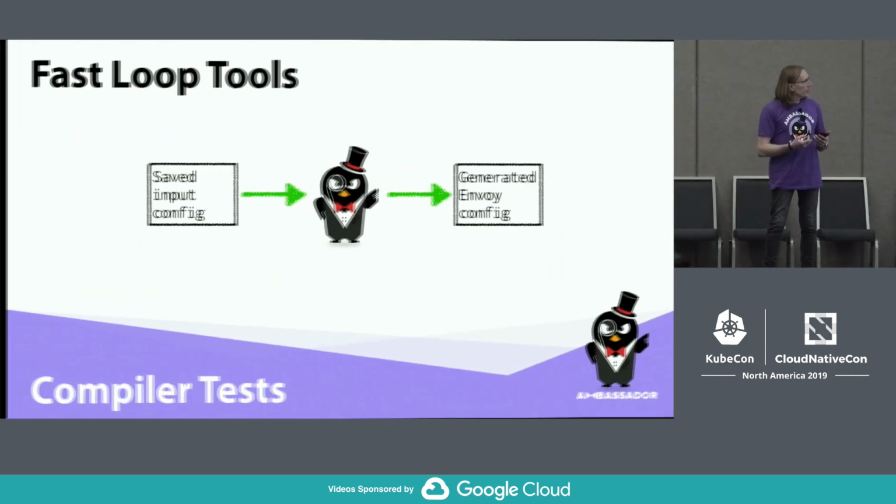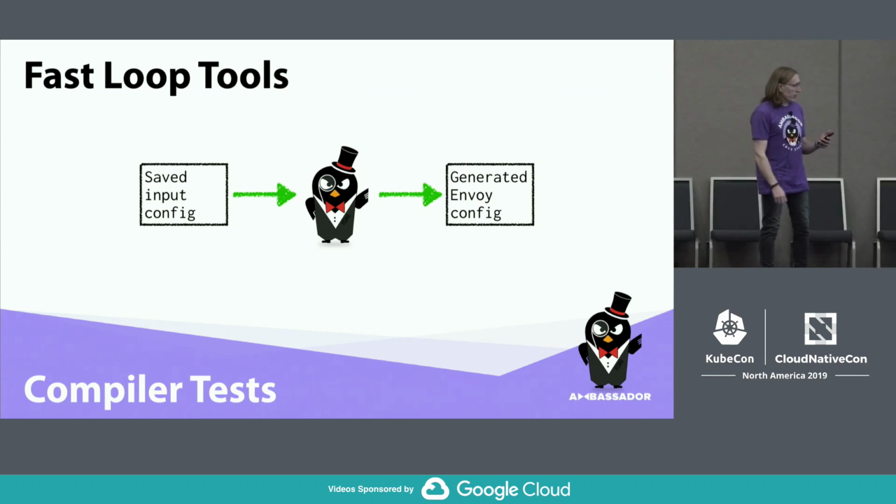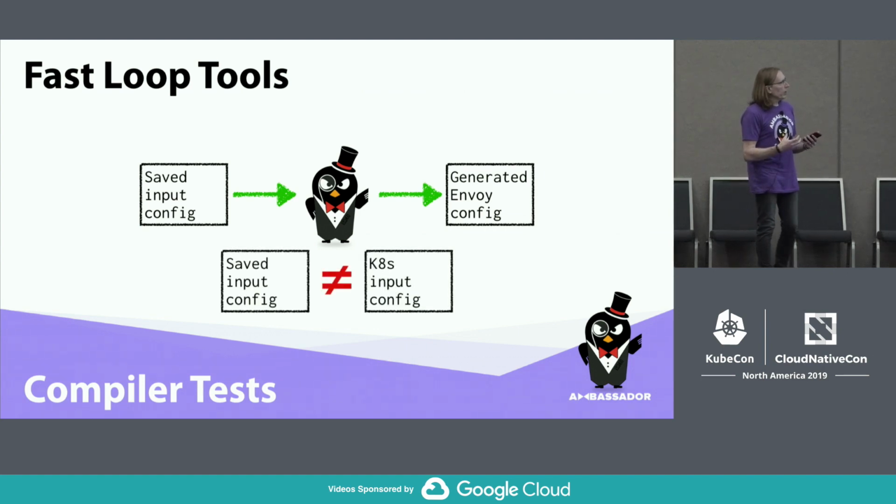So, the first one with the loop tools, this is basically just a redrawing of that original one that we were running back in the original compiler tests. We had a saved input configuration, we ran it through Ambassador, we got a generated Envoy configuration. And we had a problem in the beginning where you couldn't take a Kubernetes input.